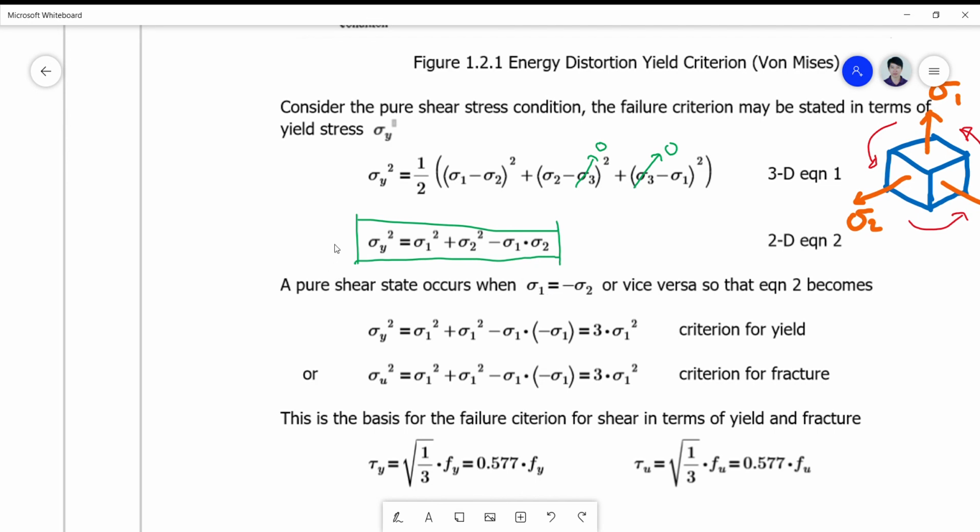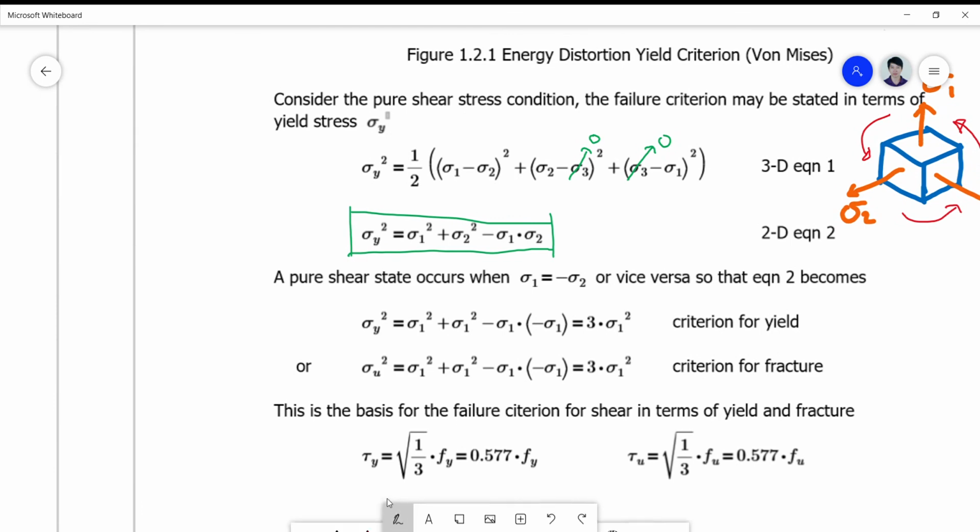this equation will be further reduced into this equation. So this becomes sigma 1 squared minus sigma 1 squared, which will yield a positive sigma 1 squared, plus it becomes 3 sigma 1 squared. If we look into a yield criterion, we just simply use the sigma y there.